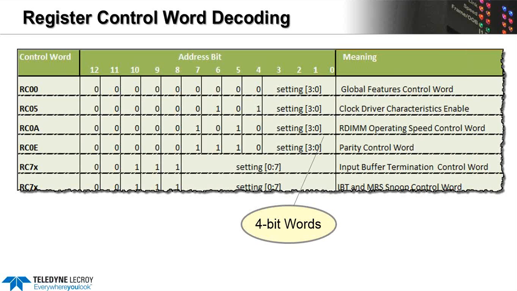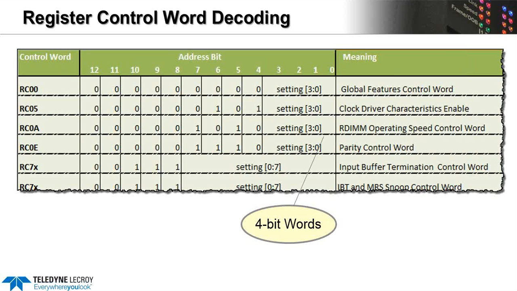One of the main roles of register control words is to tune the output side of the register chip. These outputs route signals, your command and address, directly to the DRAM. There are hooks to set the speed, to enable parity checking, and to turn off chip selects that aren't being used. There's lots of controls.